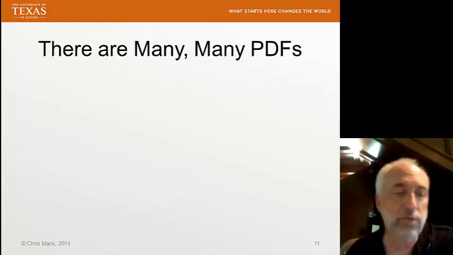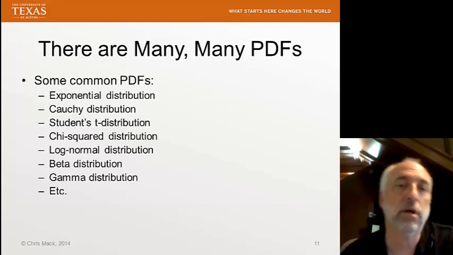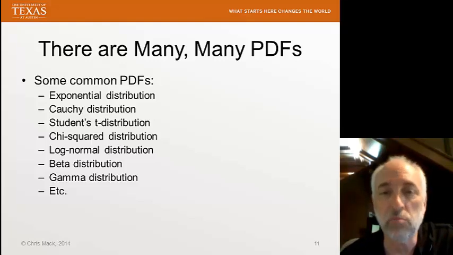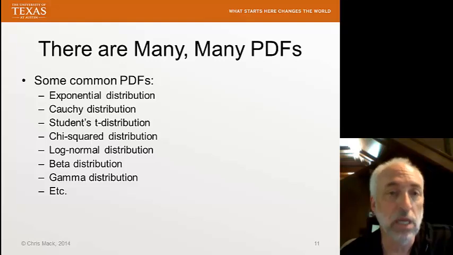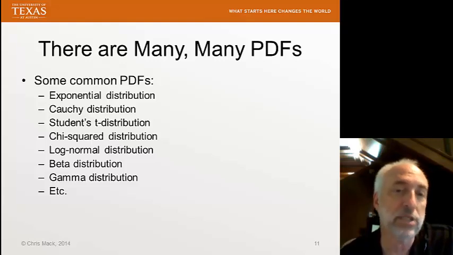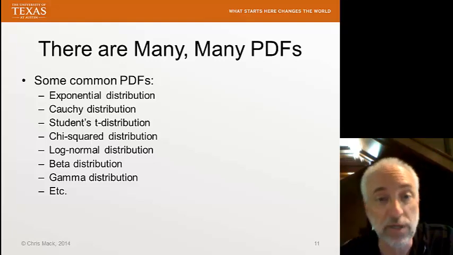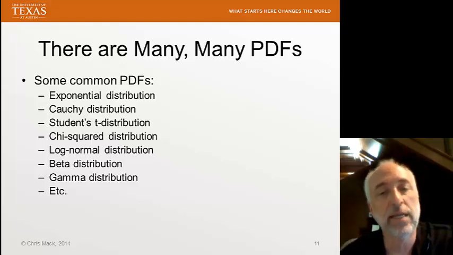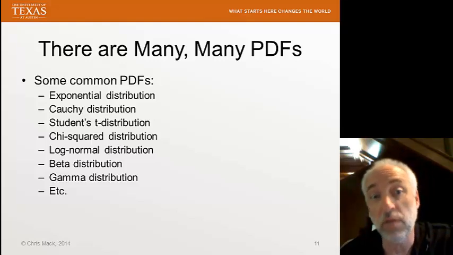Now, we've talked about the uniform PDF, we've talked about the normal PDF. But there are many, many important PDFs that are useful in certain circumstances. The exponential distribution, Gaussian distribution, Student's t distribution we'll use quite a bit. Chi-squared distribution we'll use later on in these lectures. Log-normal, beta, gamma. We won't talk about many of them, as a matter of fact.